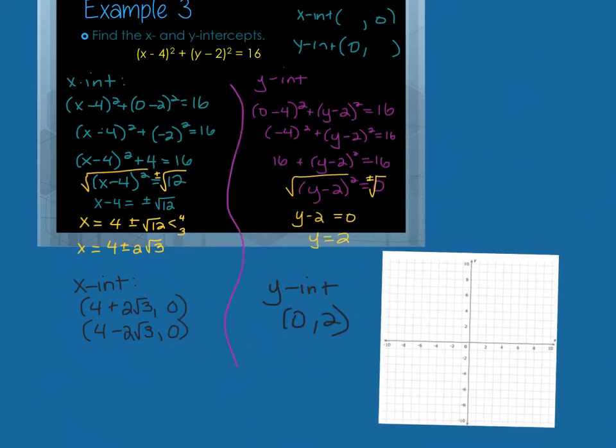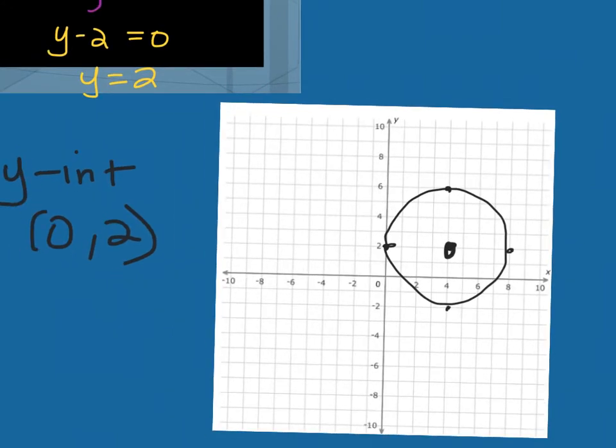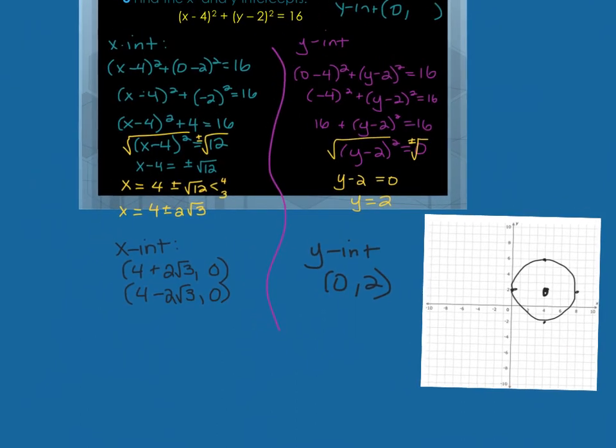So I know my center is (4, 2), and I know my radius is 4. I go right 4, left 4, up 4, 1, 2, 3, down 4, which is consistent with 2 x-intercepts and 1 y-intercept.